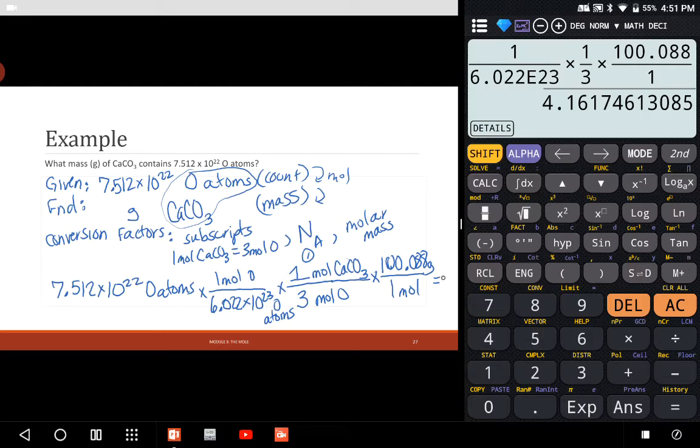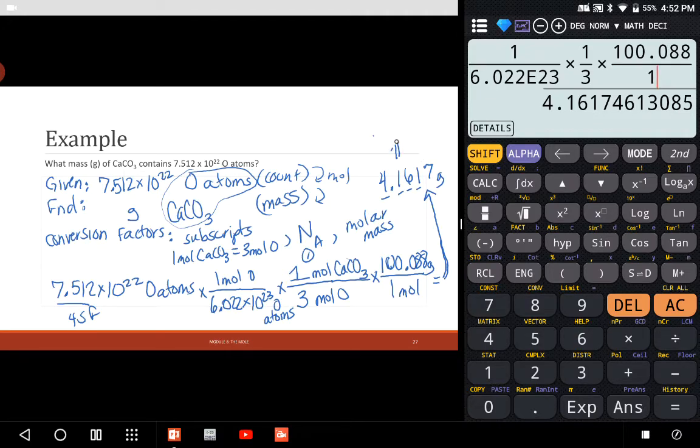I don't have room on this line, so I'm going to write my answer up higher. I need 4 sig figs. And so that would be 4.16. Well, I'm just going to write out more digits than that for now. 1, 2, 3, 4. I'm going to have to round up because the 7 is more than 5.